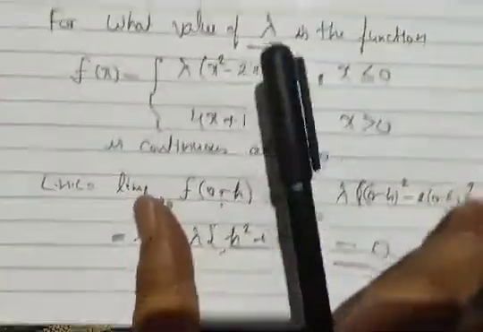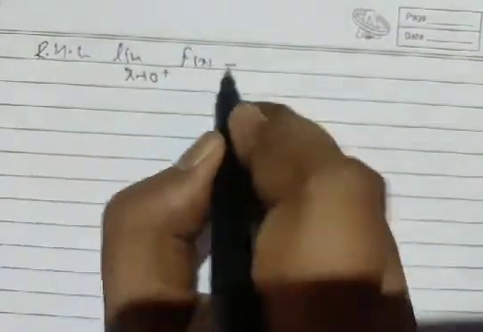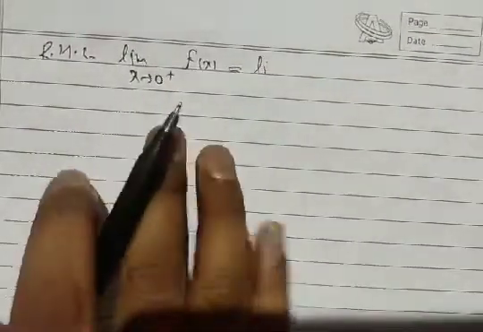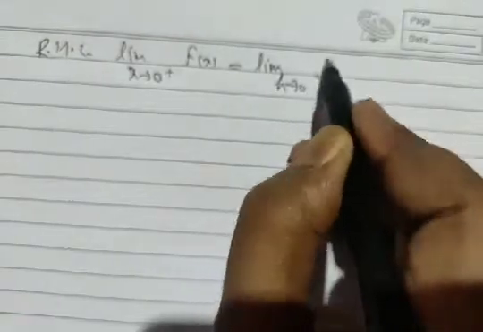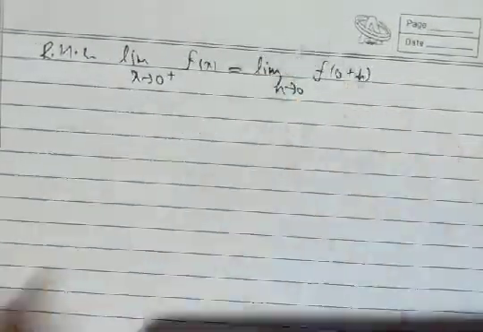Now we are going to find out our right hand limit, x tends to 0 plus f(x), which is equal to limit h tends to 0 of f(0 plus h).